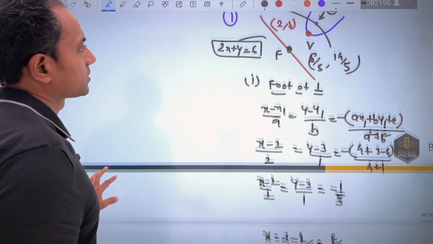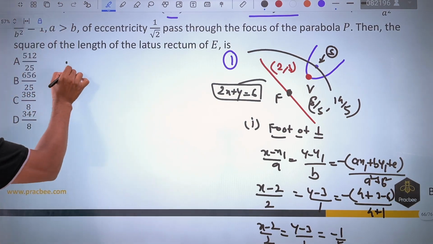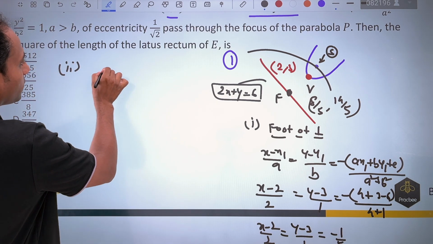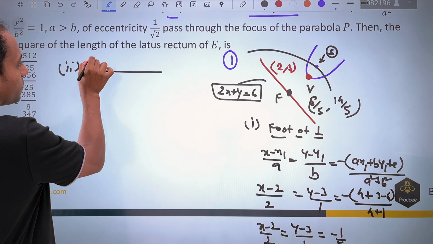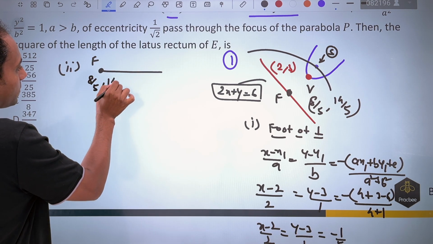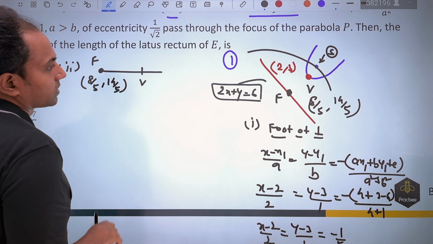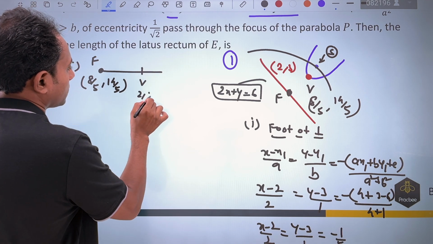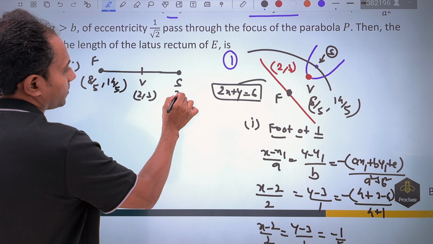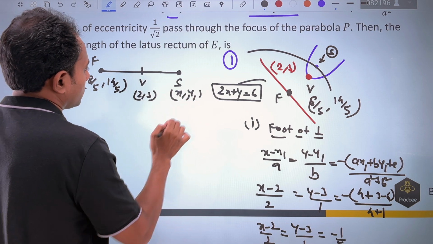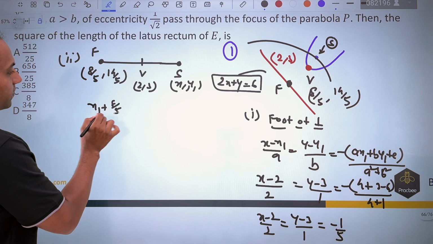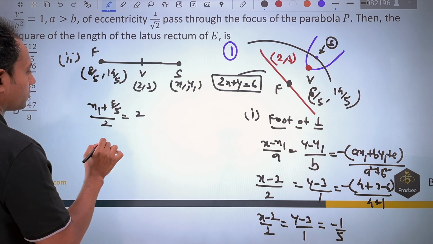So the next step, in order to figure out this focus, is applying the section formula. Now we know that this foot is 8 by 5, comma 14 by 5. This vertex is 2, 3. And this endpoint focus is x1, y1. So if I apply the midpoint formula, (x1 plus 8 by 5) divided by 2 will be equal to 2.